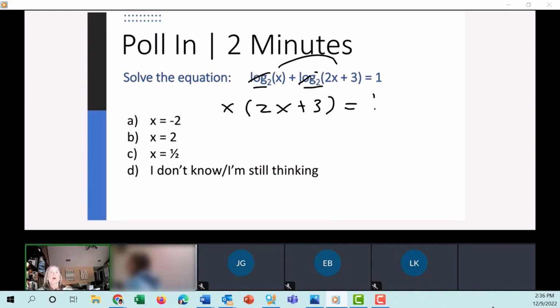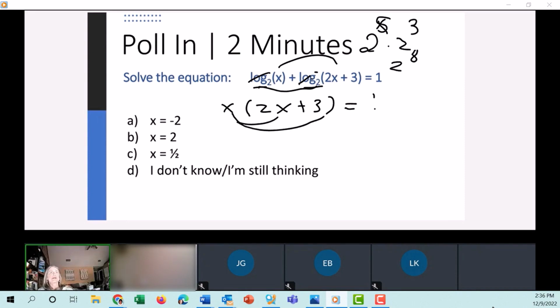Property of logarithms. Just like when you have exponents and you're multiplying them, you add the exponents. For example, 2 to the 5th times 2 to the 3rd is 2 to the 8th. When you're adding logs, we combine them by multiplying.